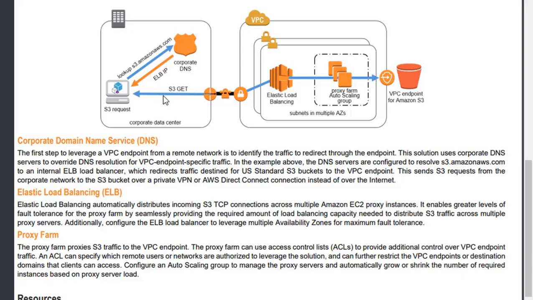And so you can see here as these requests are coming in, they're hitting an elastic load balancer, which is distributing those requests across a proxy farm. The proxy farm has access to this VPC endpoint because the proxy farm is just essentially EC2 instances located inside of my VPC. So what's the benefit to this approach?